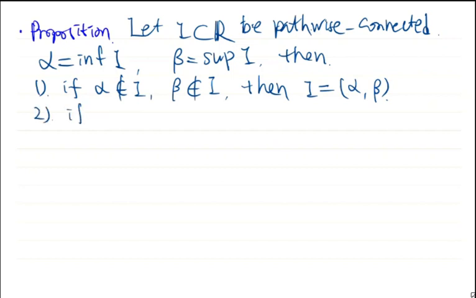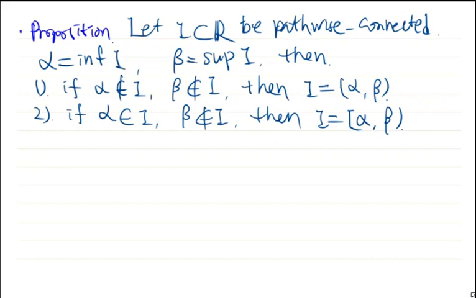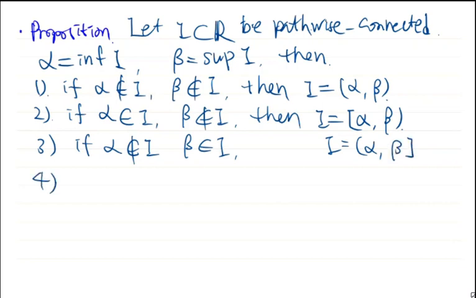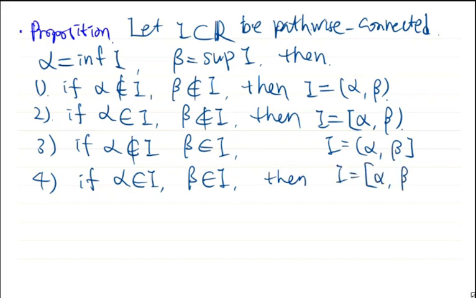Similarly, if alpha belongs to I, but beta does not belong to I, then I is the half open interval. And of course, if alpha does not belong to I, beta belongs to I, then I is a half open interval. And finally, if alpha belongs to I, beta also belongs to I, then I is the closed interval [alpha, beta].